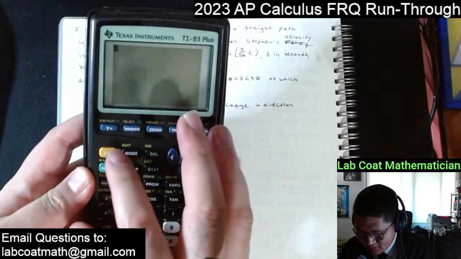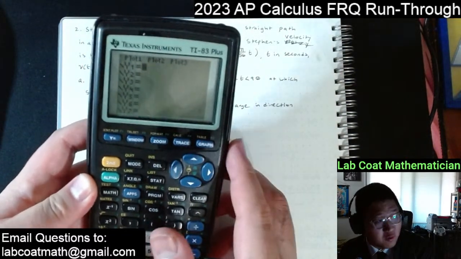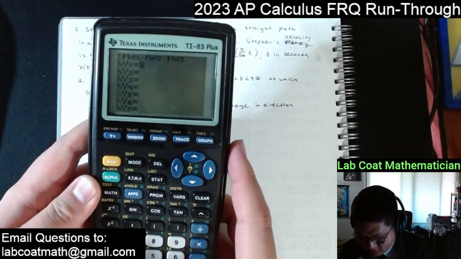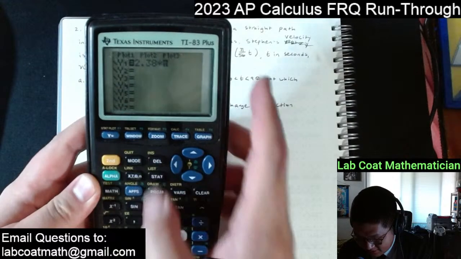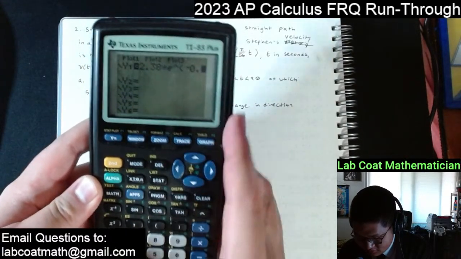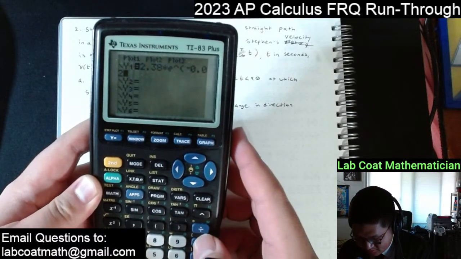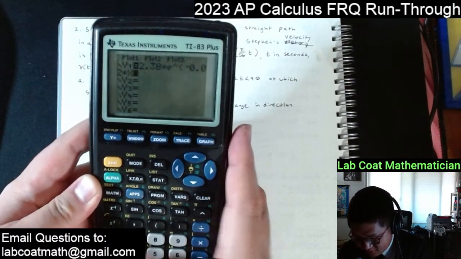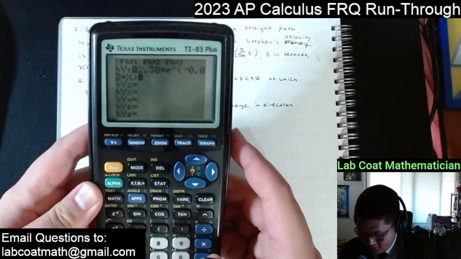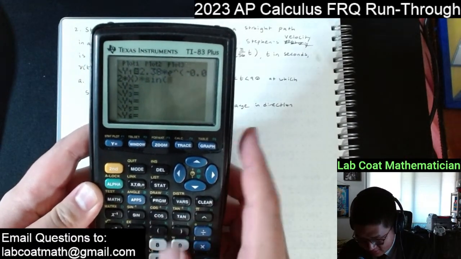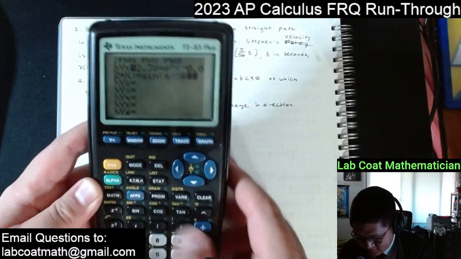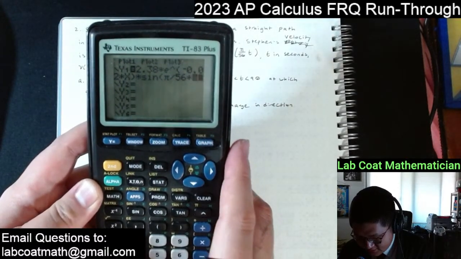Okay, so we can go ahead and clear out for our graphing right here, and plug in directly the velocity function that they gave us. So it's 2.38 multiplied by e raised to the negative 0.02 multiplied by the variable x. We have to use x instead because we're graphing on the xy plane. And then we multiply by the sine of pi over 56 multiplied by the variable x again.